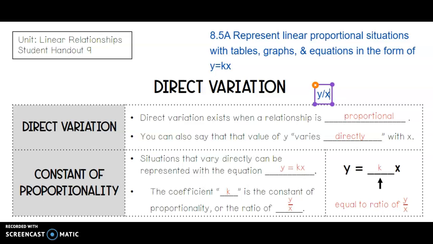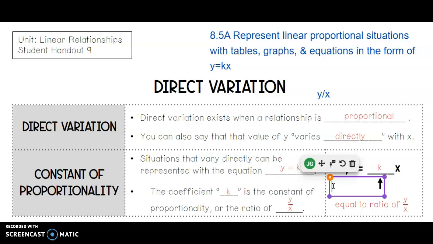So constant of proportionality is when situations vary directly, and they can be represented with the equation y equals kx. K is the same as your slope. So we are still talking about slope.